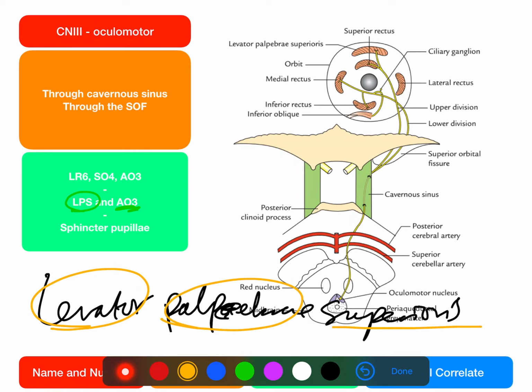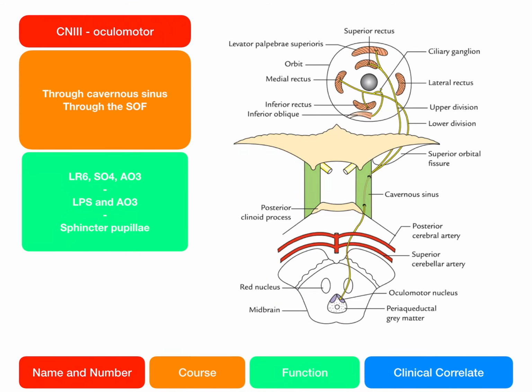So it opens the eyelid. So if I lesion this nerve, my eyelid doesn't open properly, so what happens? It droops. And what's the medical term for a droop? Ptosis, P-T-O-S-I-S. So the patient gets ptosis.